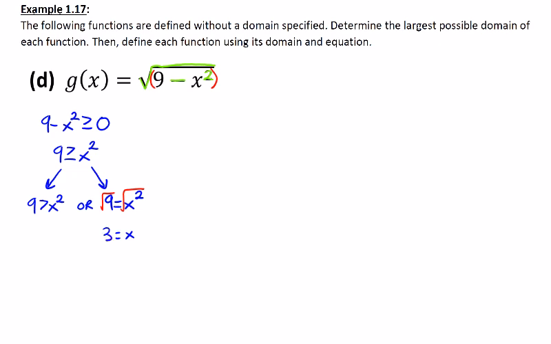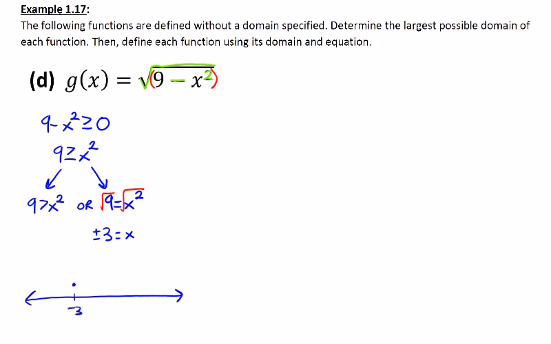However, you are not allowed to take the square root of both sides for free. There is a cost. And the cost is that you should be identifying two answers, positive 3 and negative 3. Now, what this means from a number line perspective is that we have two boundaries in this domain.